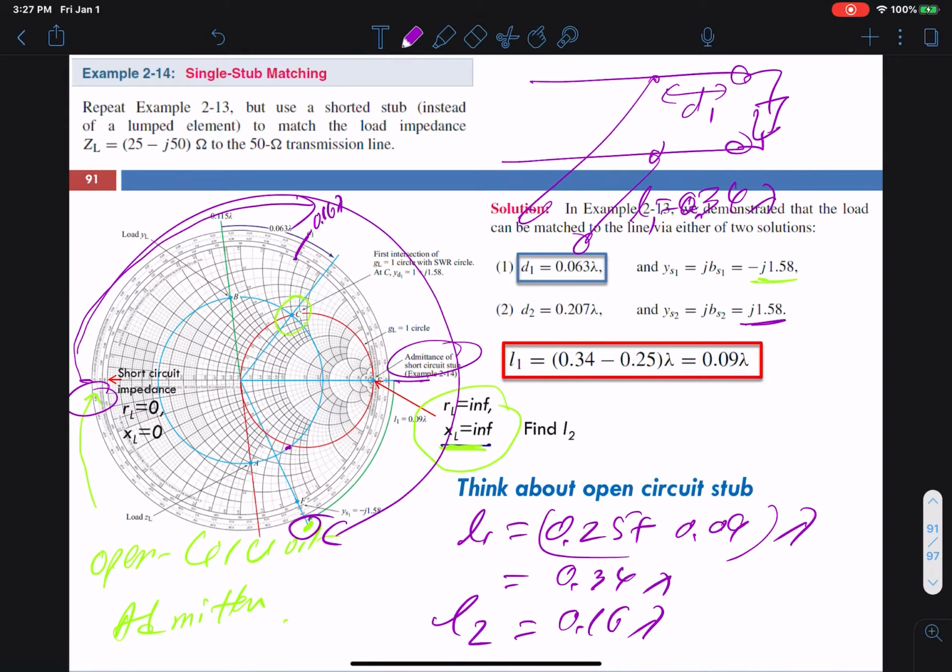And if I use distance D2 over here with open circuit, then my length would be 0.16 lambda. So you can use either D1 or D2 distance from the load to match with open circuit, and the same thing with the short circuit.